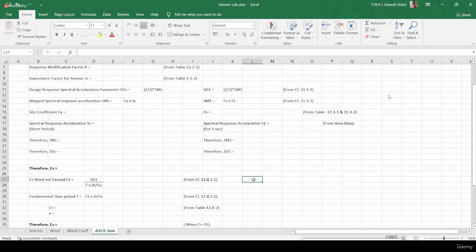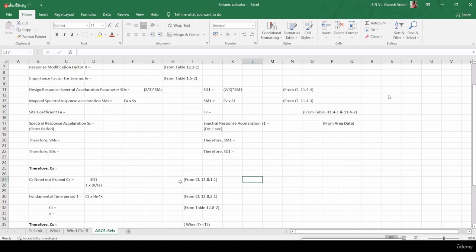Sir, to my question, I see most of these PEB companies are following this AISC code only. They are not following IS. The customer is requesting. Sometimes the customer will directly contact you. Sometimes the customer goes to the consultant, tells the consultant what he requires, and the consultant will call the company.